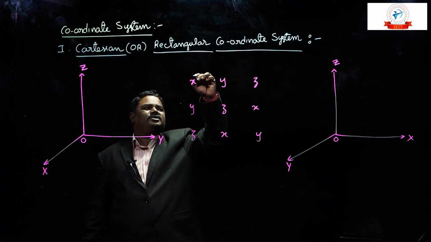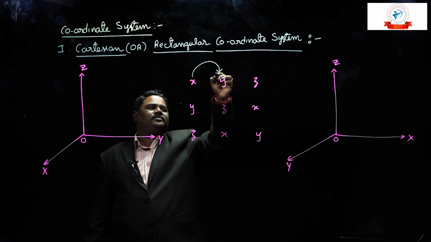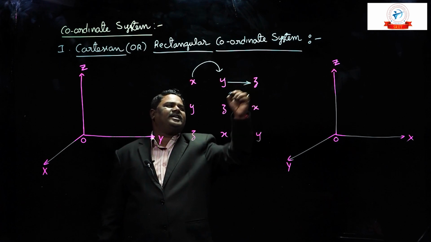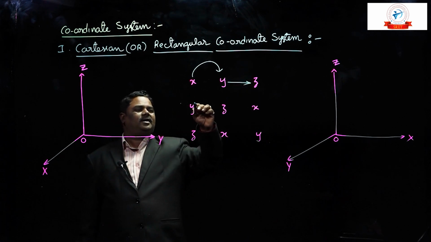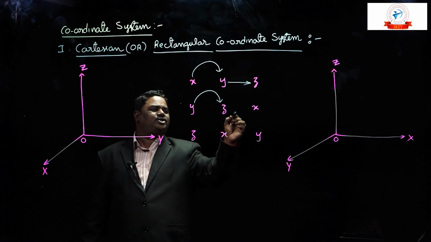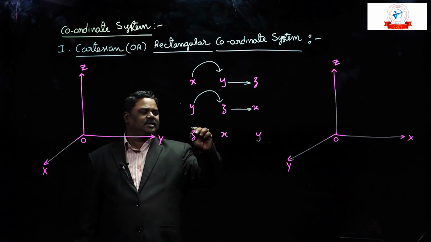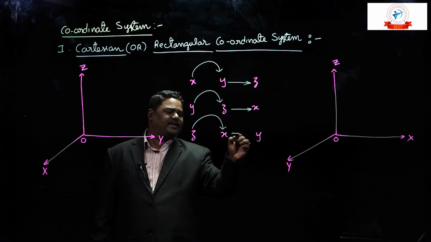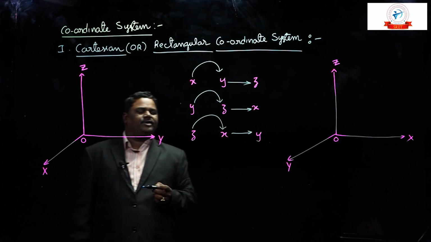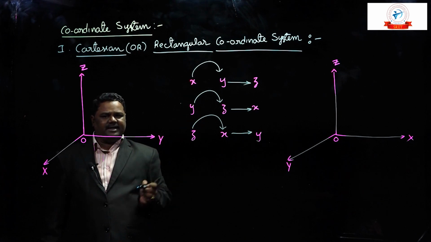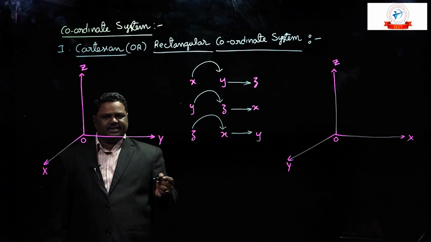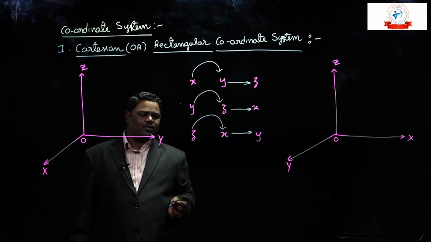So four fingers must indicate x to y rotation and the thumb must indicate z direction, or y to z rotation should indicate x direction, or z to x rotation should indicate y direction. So if any one of these rules is satisfied with the help of right hand thumb rule, then the coordinate system is called a right handed coordinate system.